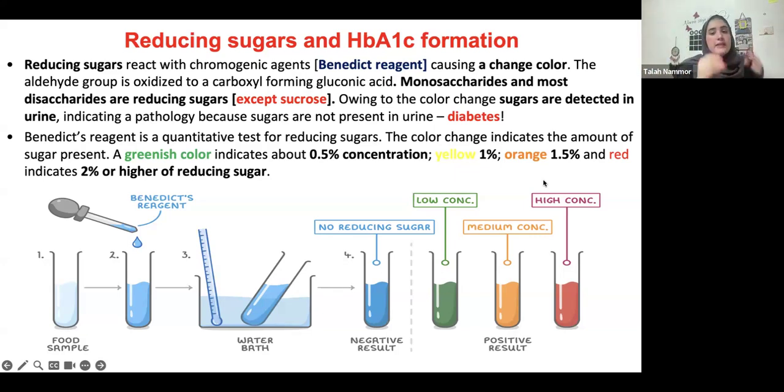Do you really need to know the percentages? I'm not sure, because if I were studying this, I wouldn't study the percentages. Just know that green is the lowest, red is the highest, and in between we have yellow and orange. Do you understand the idea? You're just trying to test it.